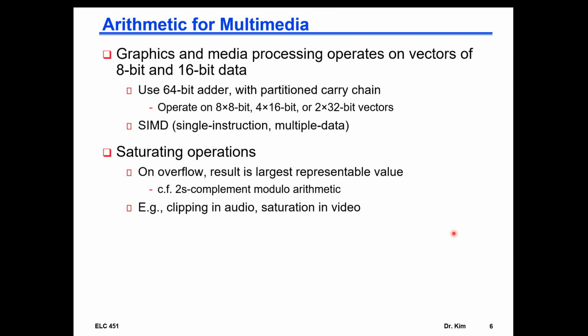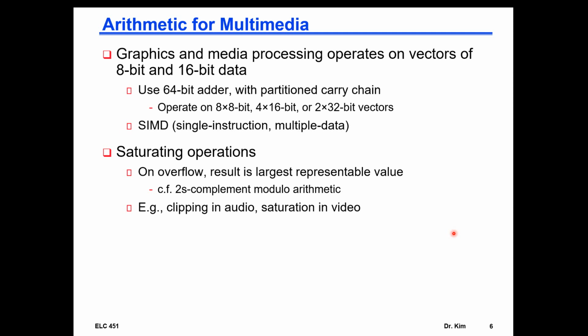It really doesn't matter. In general, the hardware for the arithmetic is partitioned so it can do parallel operations with the same hardware by just using some logic to reconfigure it, depending on the type of data that it is using. And that is called vector processing. We'll talk some more about that later on.